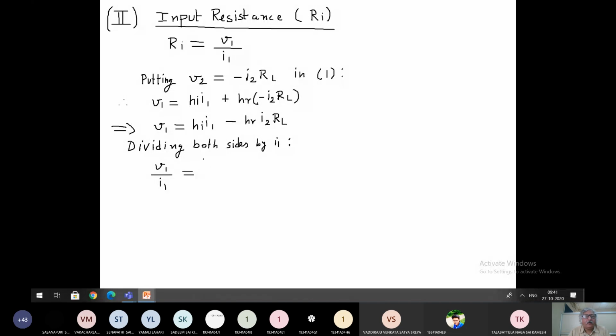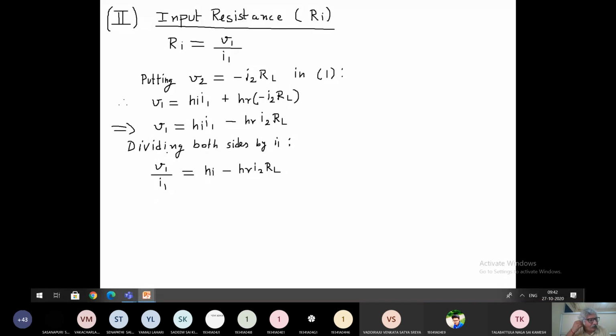is equal to, now I1 will be cancelled out here. So here you will get HI minus HR I2 RL by I1, right?